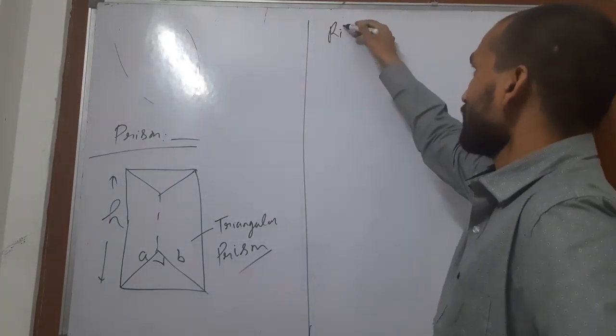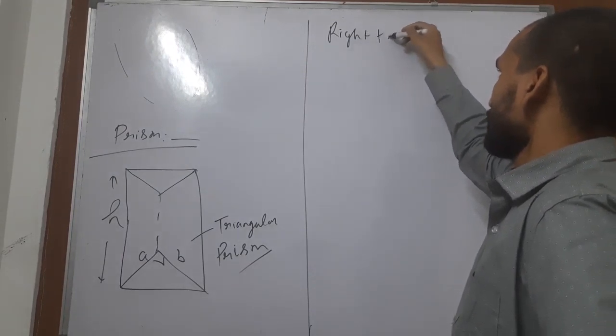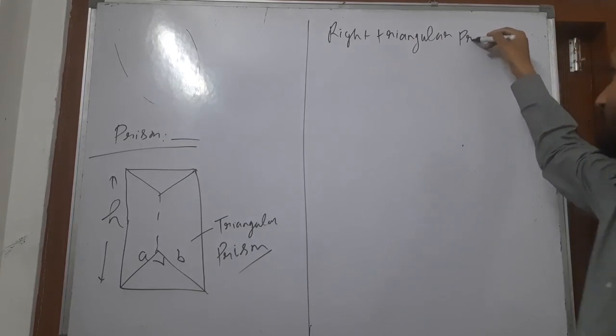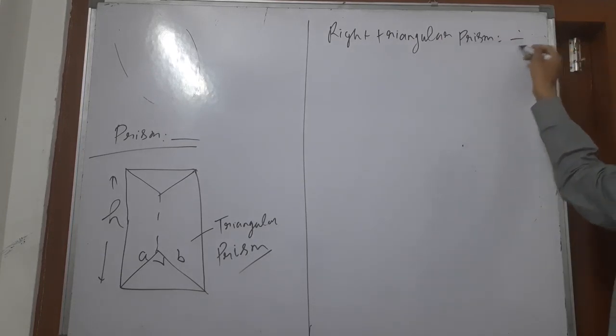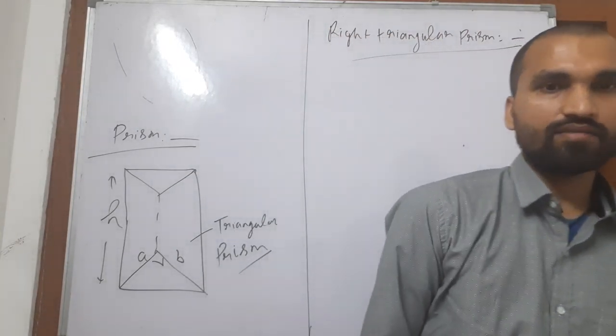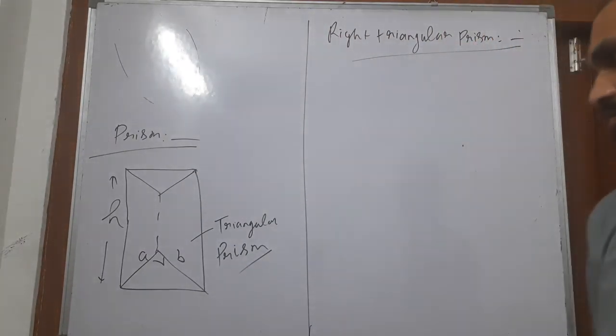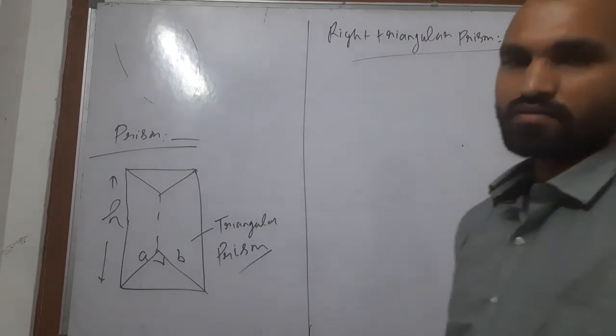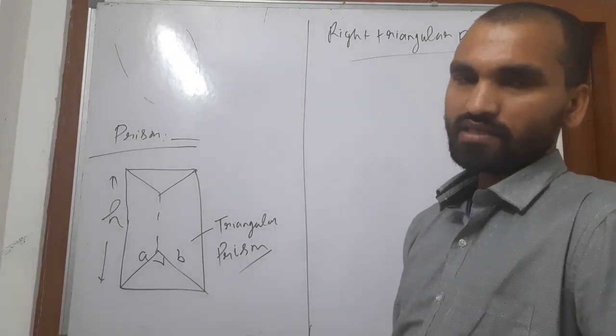There are more types, that are quadrilateral prism, pentagon, hexagon prism, but we have taken triangular prism here because more questions are asked from right triangular prism in the examination.